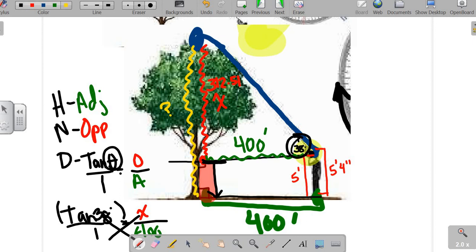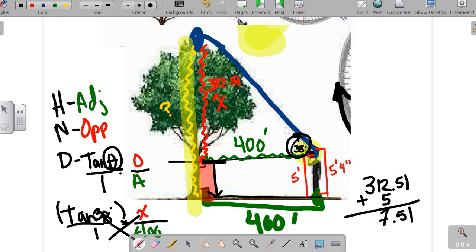So to get this yellow measurement all the way, you're going to have to add 5 feet. So 312.51, add 5 feet. And the total height of the tree is 317.51 feet.